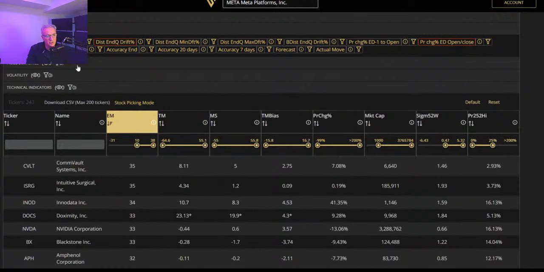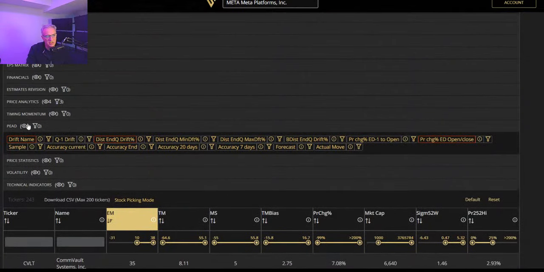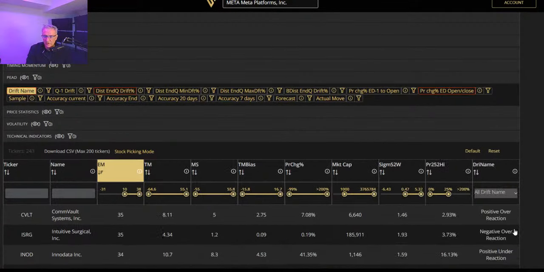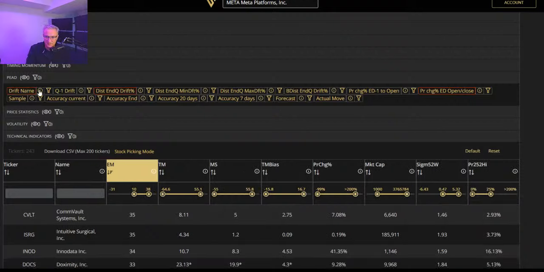So we are going to go into the post-earning announcement drift section, PEAD here, and really click on the important fields. There's a bunch of fields you can click on. You can have the drift name, drift A, B, or C, positive or D, positive overreaction, negative overreaction, but that's not the point here.